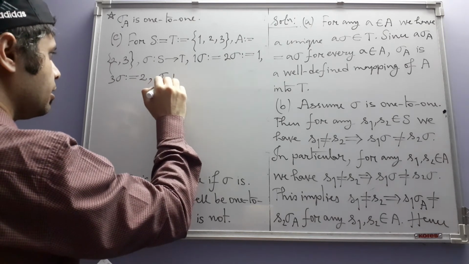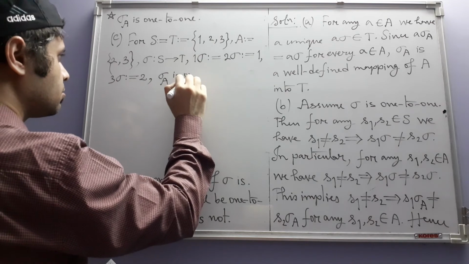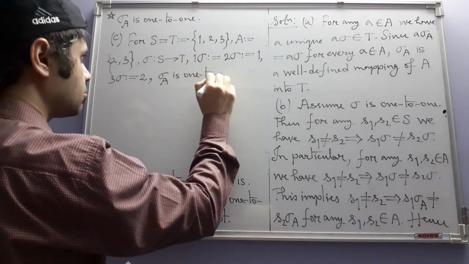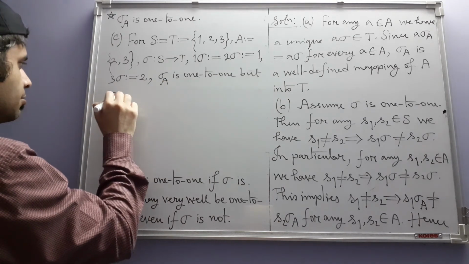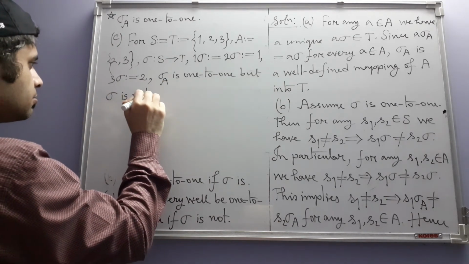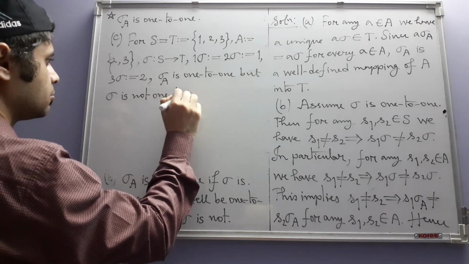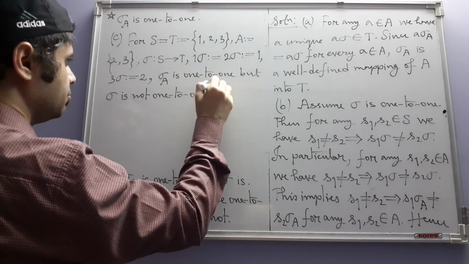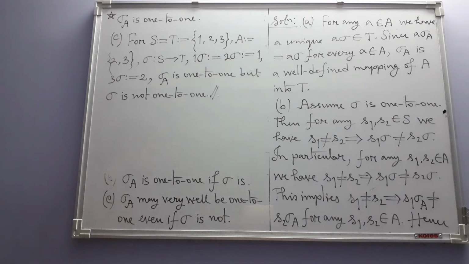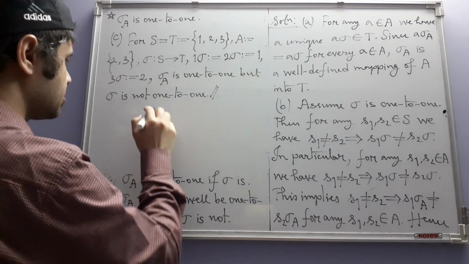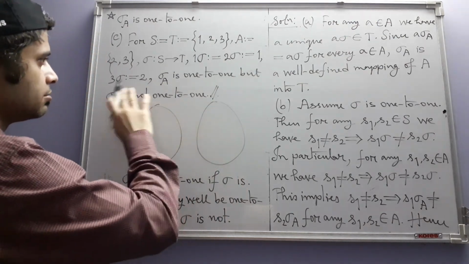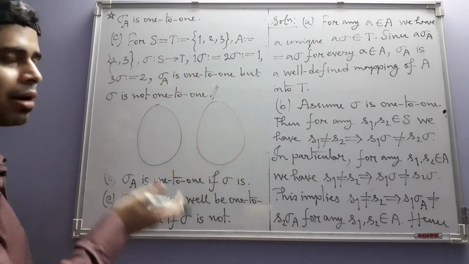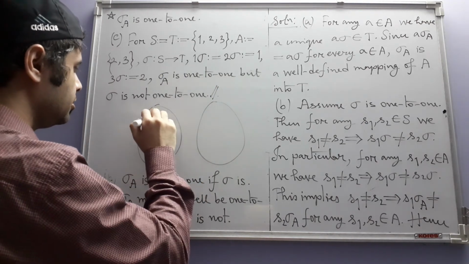Sigma A is one-to-one, but sigma is not one-to-one. So we just mention it like that. We can see why that is the case using a diagram, but I decided not to make it a part of the solution since that is too easy.